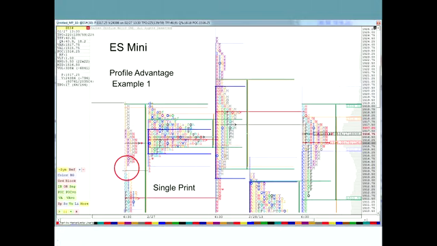That's why we have a single print. That's somebody powerful that came in that period and started buying and continued to buy for the rest of the day. And that's why every time prices came down to that level, they bought.